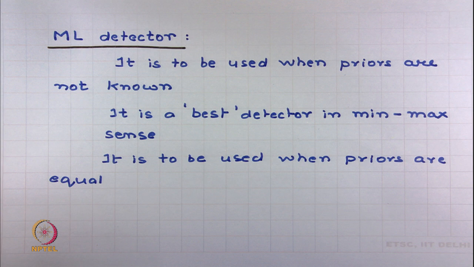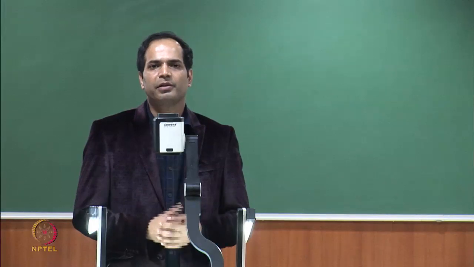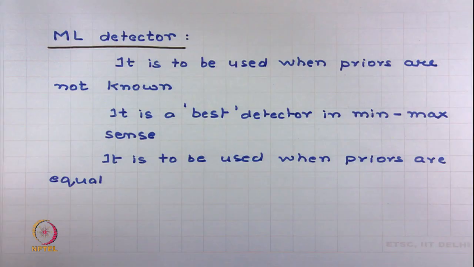For example, if you have for some reason chosen the wrong source model, or for some reason if you have chosen the wrong probabilistic model of the transmitter, or for some reason if you have chosen the wrong priors, then the ML detector will minimize your chances of getting hit with a poor performance. The ML detector is best in these three cases: either the priors are not known, or the priors are equal, or you want to be safe, you are not very sure about the probabilistic model of the transmitter.